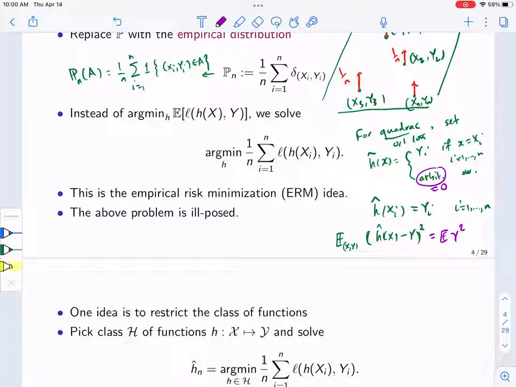It's as if you have estimated the 0 function. So there's no generalization here. So it's very simple to see that this is not going to work. So what should we do? The first simple step failed.